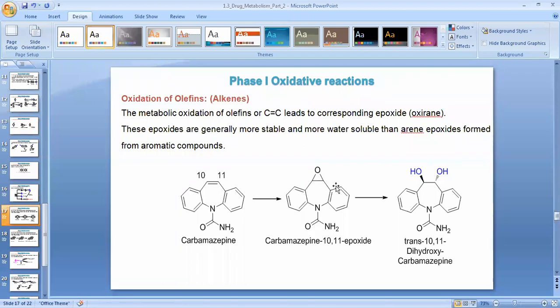But this type of epoxide is more stable than the aromatic epoxides when we compare the stability.